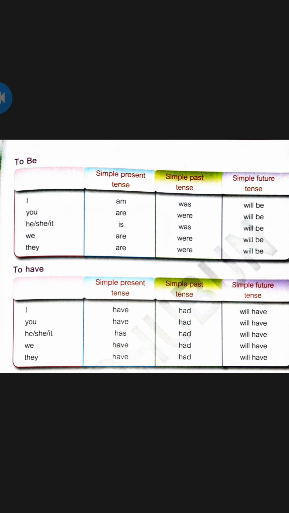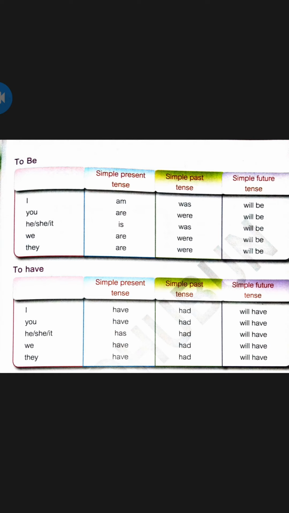Clear? With you we will use are in simple present tense, in simple past tense were, and in simple future tense will be. Clear? Now when he, she, or it is there, then what we will use?